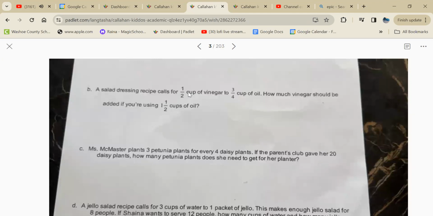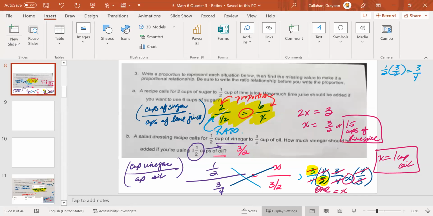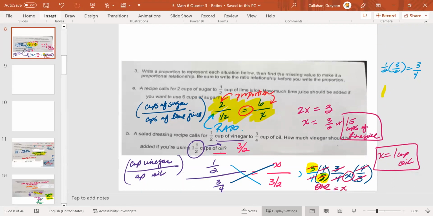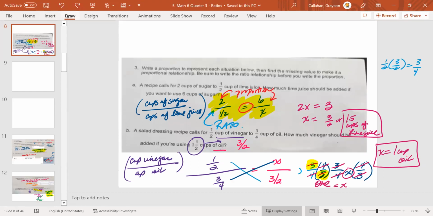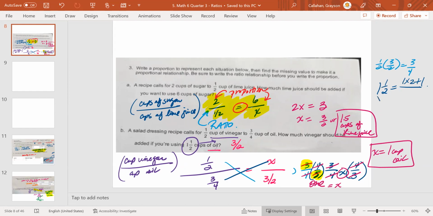Or I'm sorry, not number 4, it would be C. 1 and 1/2: the numerator is 1 times 2 plus 1. Remember that? Which is a 3, right? This stays the same. 3 over 2.